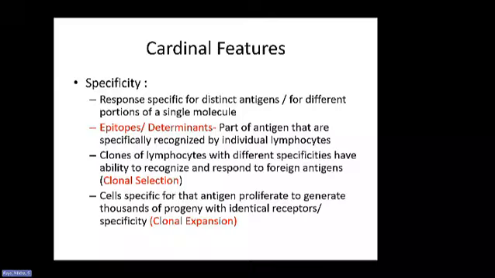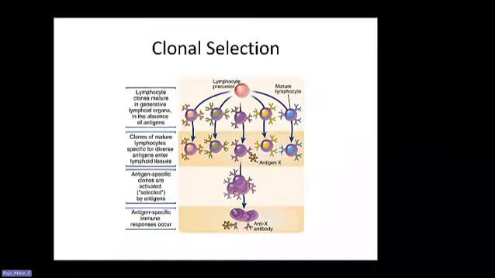So let's look at that again. What's clonal selection? Say in someone's immune system, there are several types of lymphocytes. A precursor develops into various different types of lymphocytes, and we'll call them clones of lymphocytes. They are all shown in different colors.